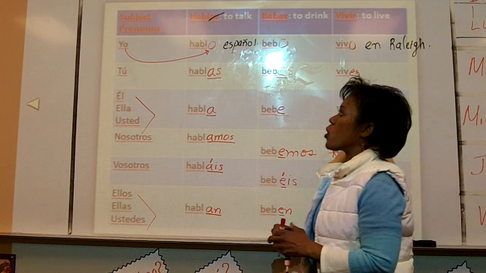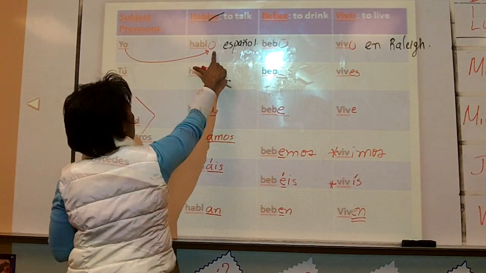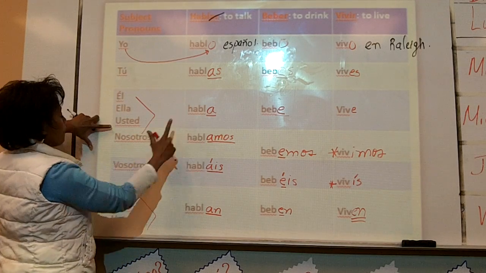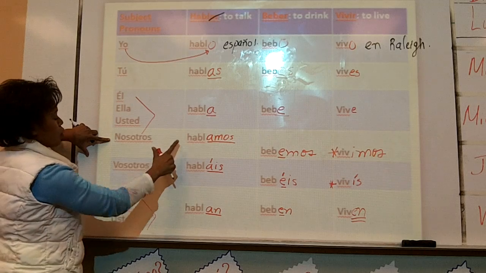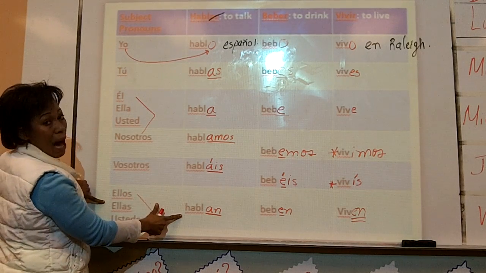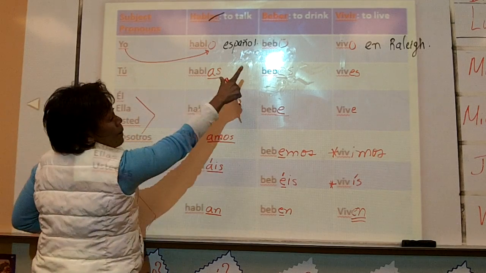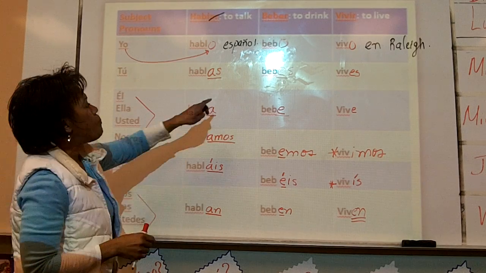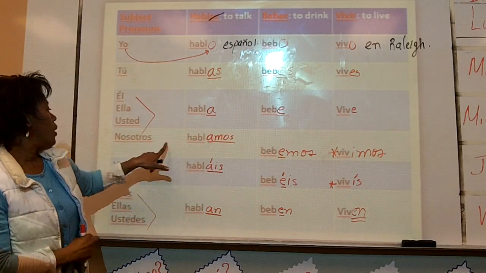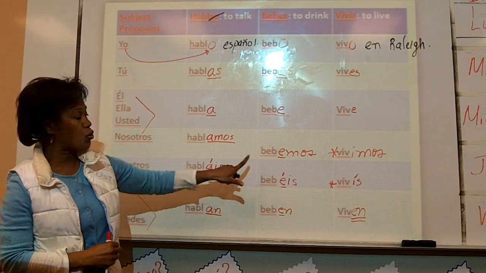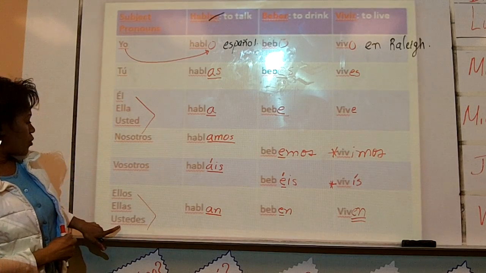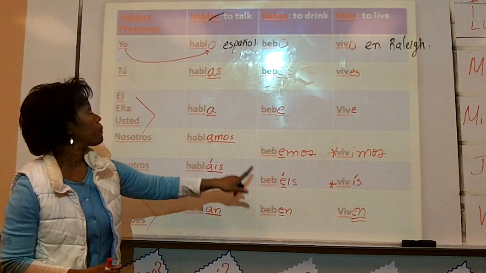So the pronunciation goes like this. Yo hablo, tú hablas, él, ella, usted habla, nosotros hablamos, vosotros habláis, ellos, ellas, ustedes hablan. Yo bebo, tú bebes, él, ella, usted bebe, nosotros bebemos, vosotros bebéis, ellos, ellas, ustedes beben.